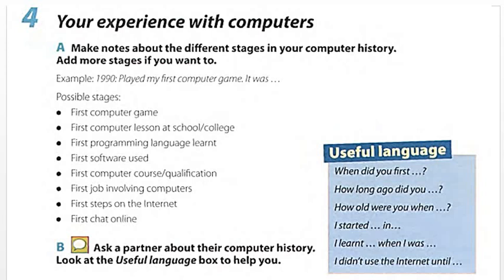First computer game, first computer lesson at school, college, first programming language learned, first software used, first computer. Make notes about different stages in your computer history and add more stages if you want.